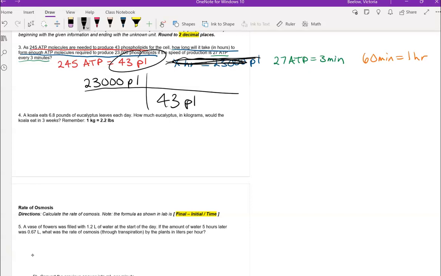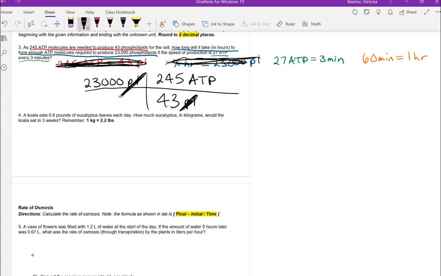So I'm going to write that in the bottom. And if I put that in the bottom, whatever goes above it must be equal to that, which in this case is 245 ATP. Phospholipids cancel, those units cancel, and now I've converted into ATP.